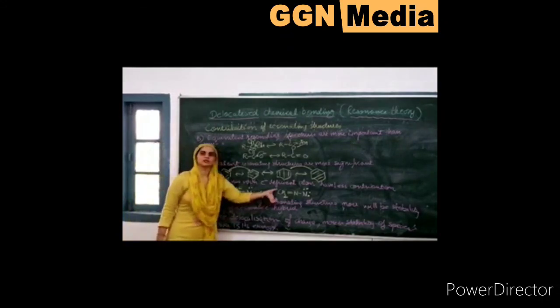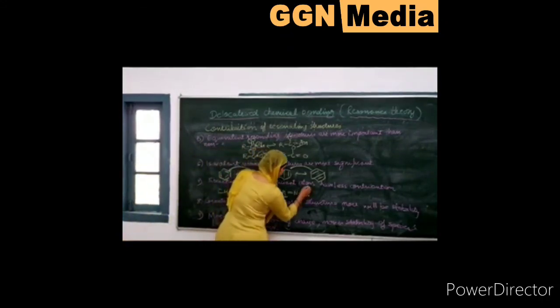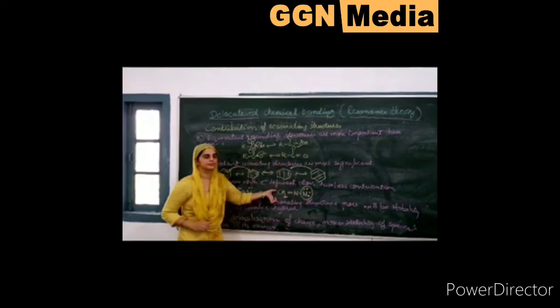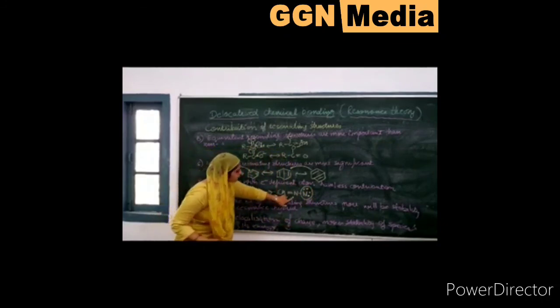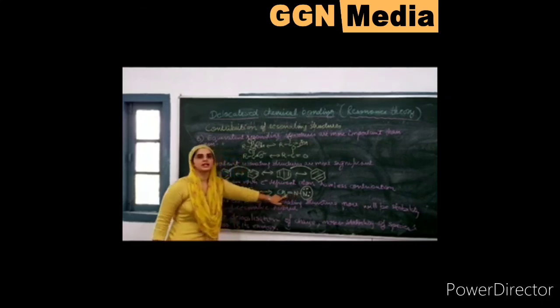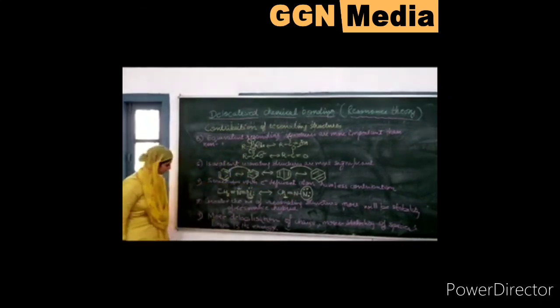So in this structure, there is a deficiency at the nitrogen atom. So here the octet rule is violated. So it has less contribution towards the resonance hybrid.